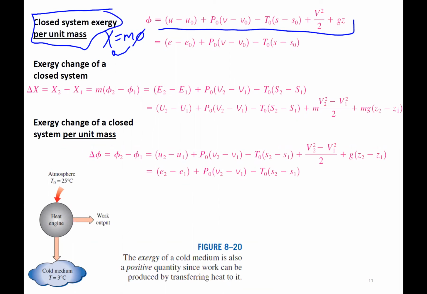If we instead do the exergy change from state 1 to state 2, here was just the exergy. If you have the exergy at state 1, what's that value? The exergy at state 2, what's that value? Here's the change, so instead we have x2 minus x1. What's nice about this is it gets rid of a lot of terms.